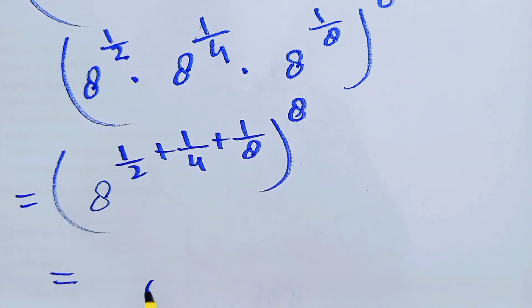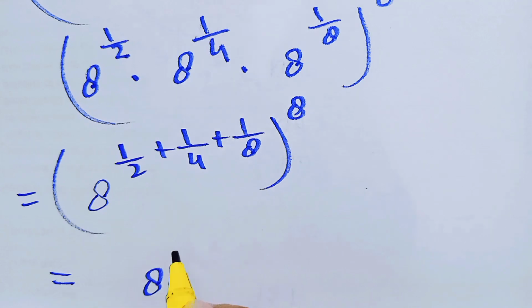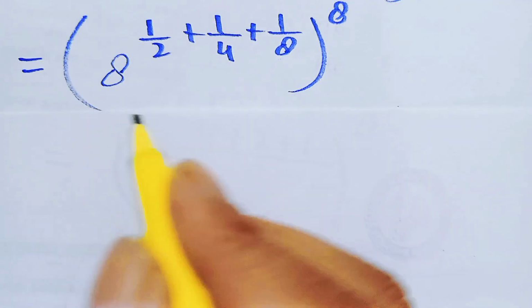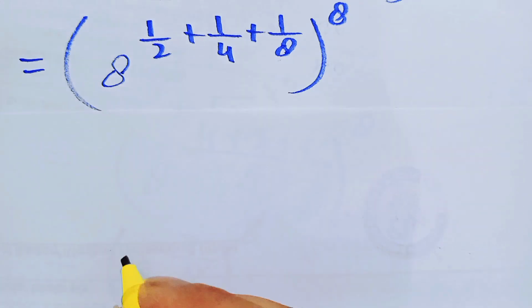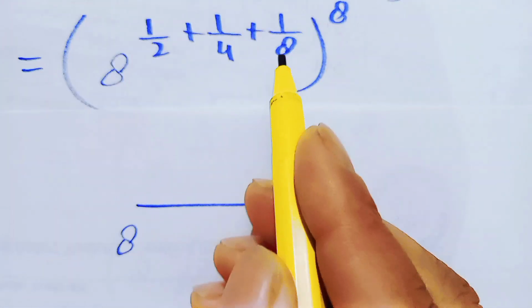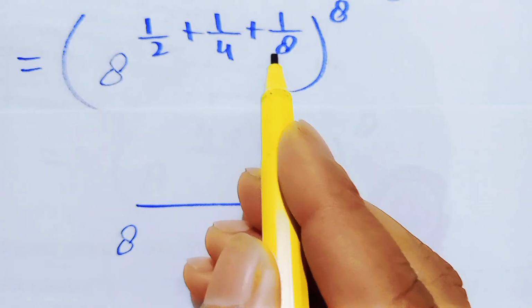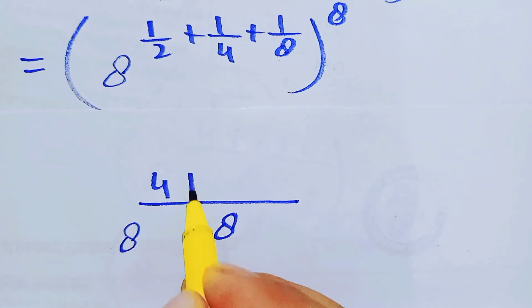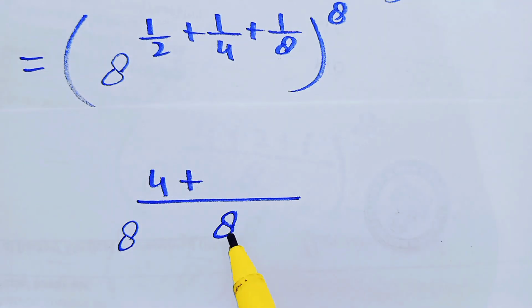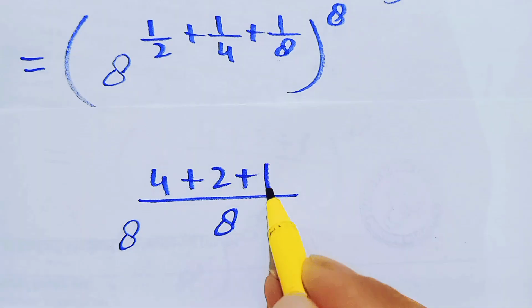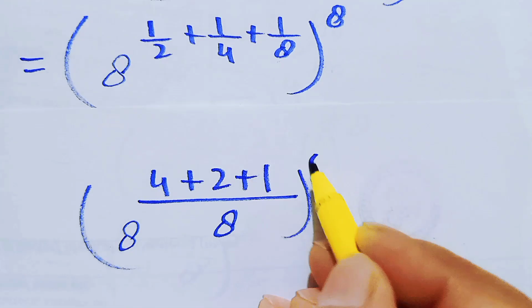Now here we take the LCM of 8, 4 and 2, which is 8. Now 2 divided by 8 is equal to 4, and then plus 4 divided by 8 is equal to 2, and plus 8 divided by 8 is equal to 1, and the whole to the power of 8.